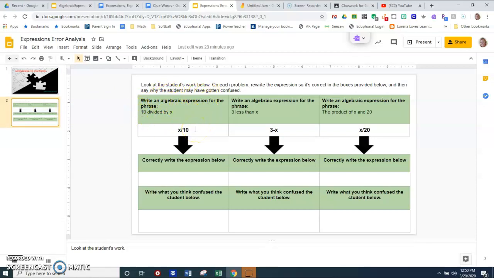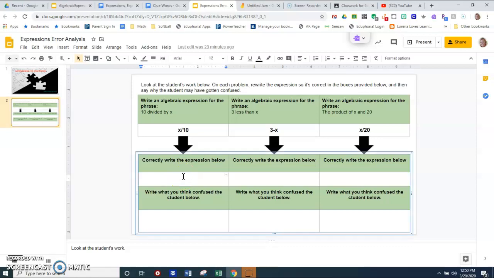This is like if a teacher gave a student an assignment and the question was write an algebraic expression for the phrase 10 divided by x. Well, they have x divided by 10. So I need for you to rewrite it correctly down here.